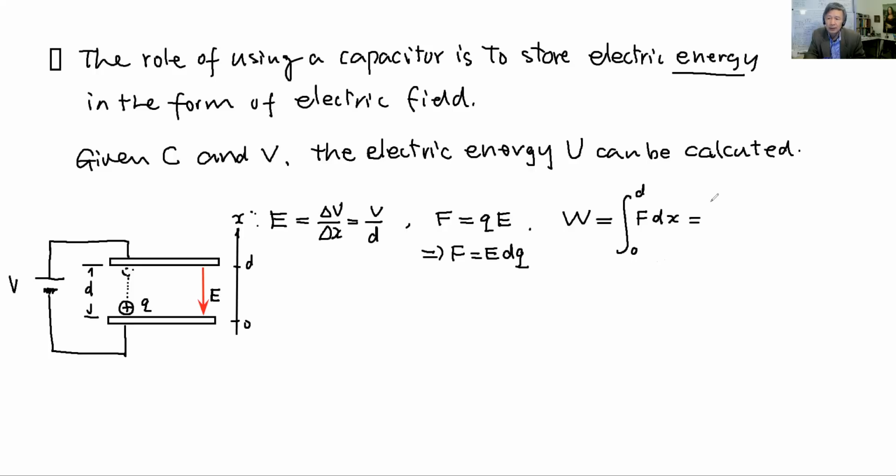We got dV. That is dV. Can we just rewrite it into this calculus form? That would be dV/dx times dq. Can you see? Do you agree?